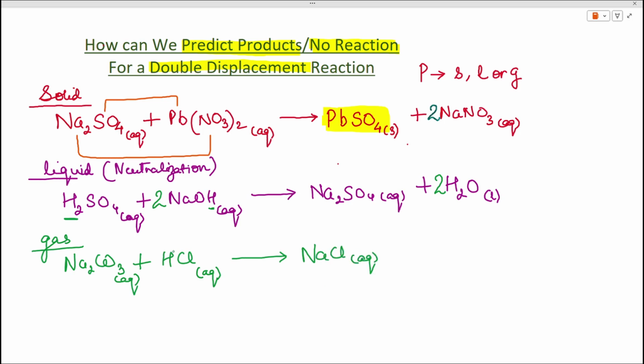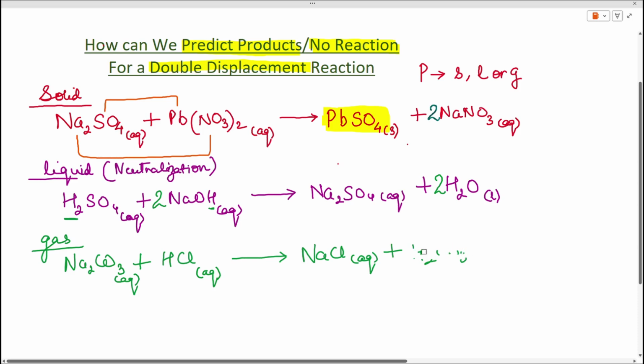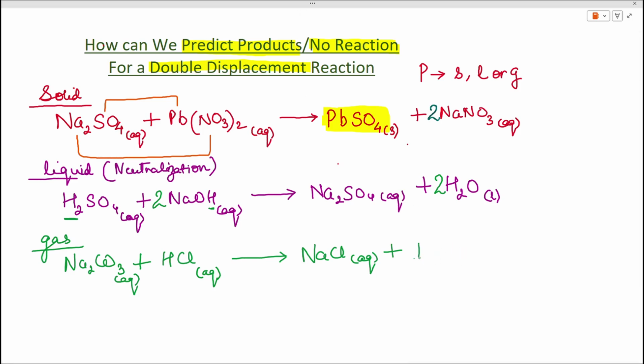For the formation of the other product, H will go with carbonate. This forms carbonic acid, which is H2CO3. But this H2CO3 immediately breaks down into water and carbon dioxide. So we are going to replace this H2CO3 by H2O and CO2.